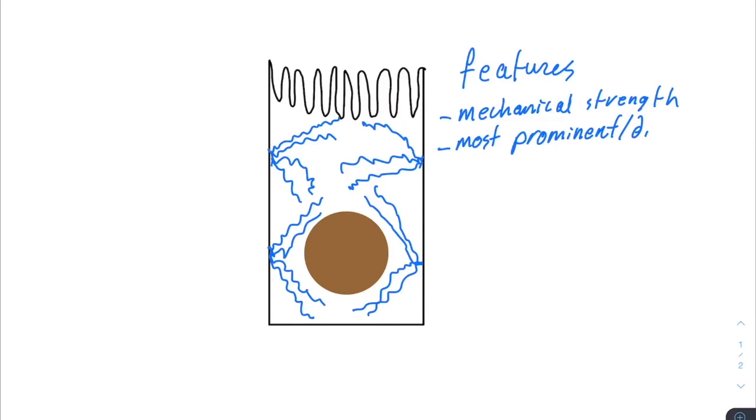They are also the most prominent type of filament in the cell and the most diverse, as it is located throughout most of the cell.